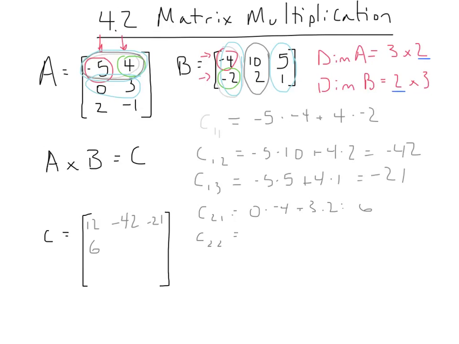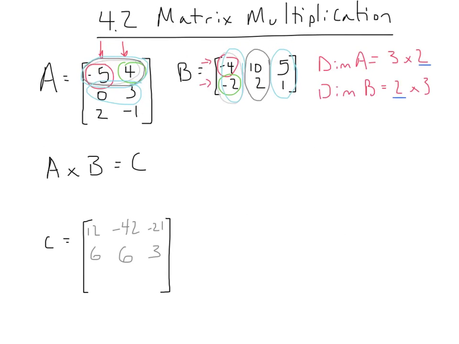For C22, we will get 0 times 10 plus 3 times 2, which is again 6. For C23, we will get 0 times 5 plus 3 times 1, which is 3. I'll go ahead and erase a few of the previous calculations, and we'll finish up.